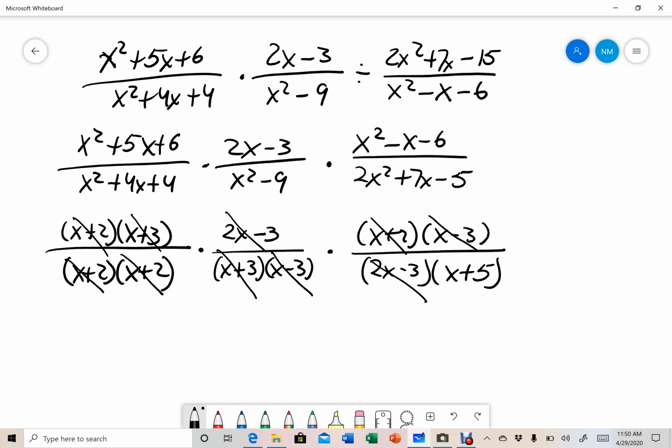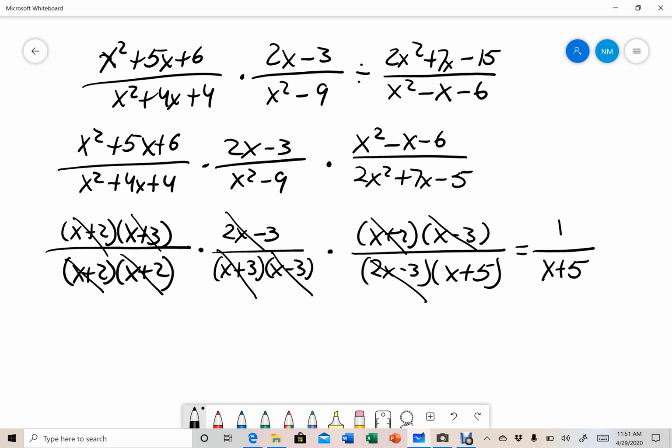Okay, so everything that can be canceled out has been canceled, leaving me with 1 over x plus 5. Remember, this is in the denominator, so it still has to stay in the denominator. We can't just put x plus 5. It's 1 divided by x plus 5.